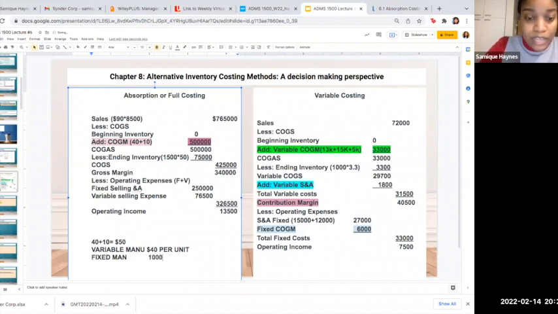But we want to know how much is that per unit. 100,000 divided by how much did we produce? 10,000 units, which will give us $10. So $40 plus $10 is $50 per unit. Okay, $50 times 10,000 units, that's how much we produced, is going to leave us with 500,000.